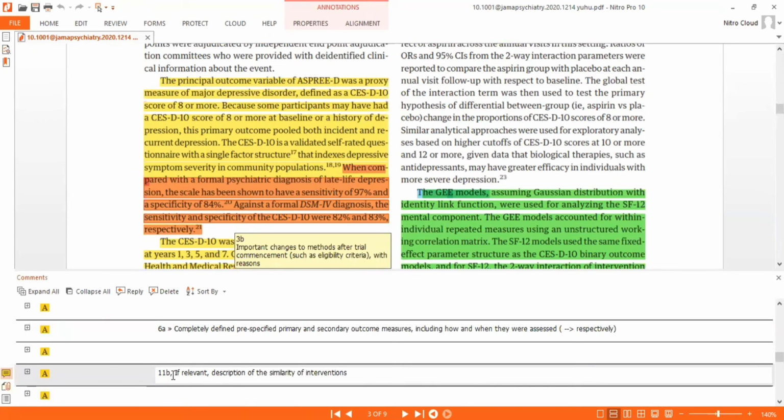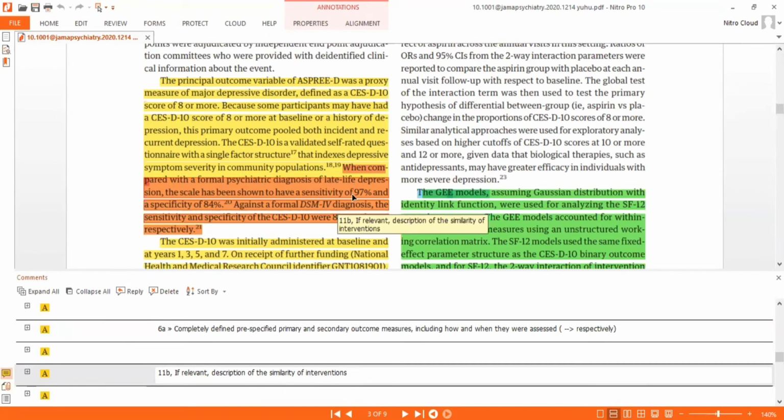Next, point 11b, if relevant, description of the similarity of interventions. When compared with a formal psychiatric diagnosis of late-life depression, the scale has been shown to have a sensitivity of 97% and a specificity of 84%.